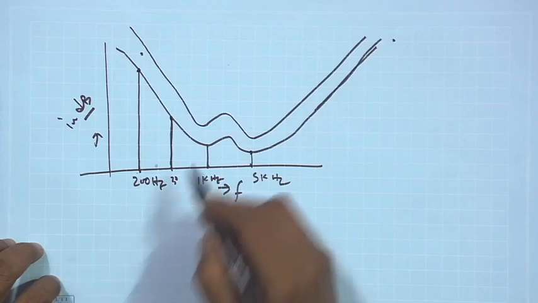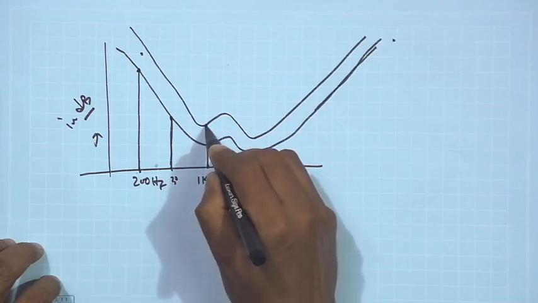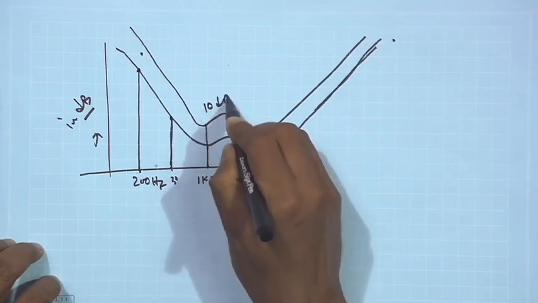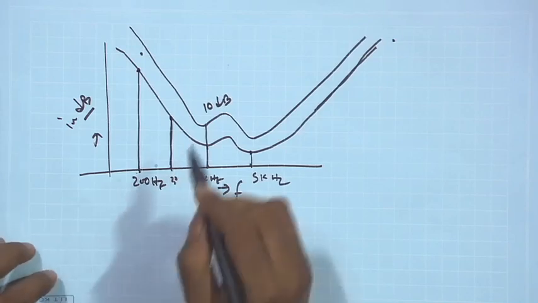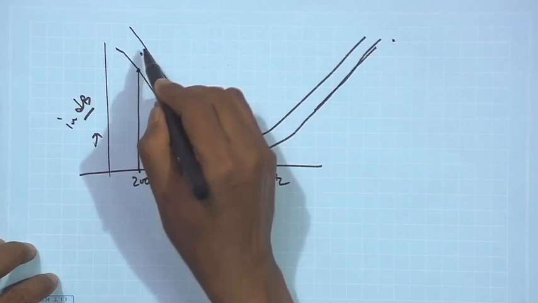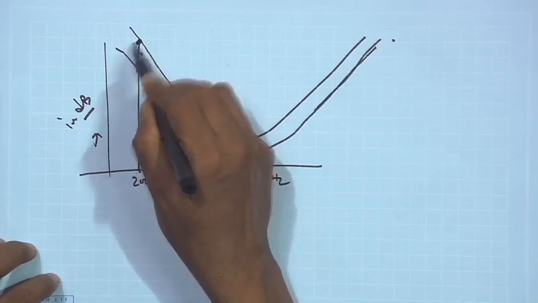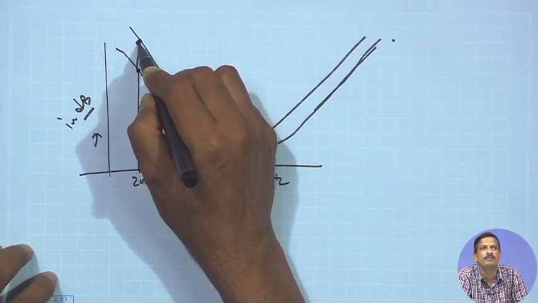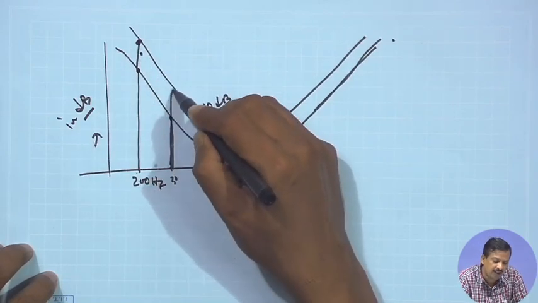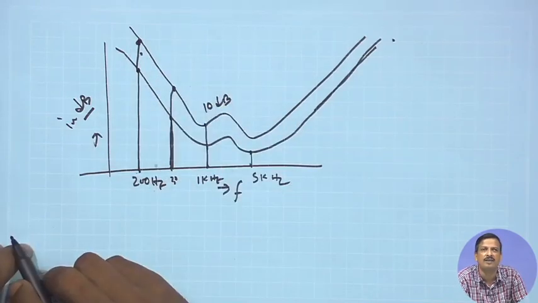Let us say 10 dB at 1 kilohertz. To perceive the same loudness for a 200 hertz signal, I require larger intensity. To perceive the 300 hertz signal, I require larger intensity.